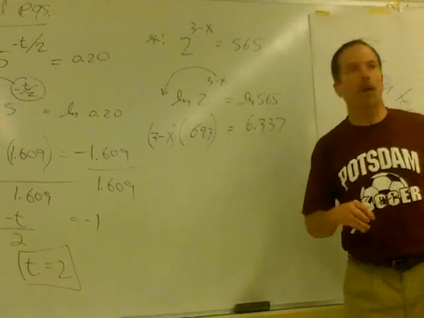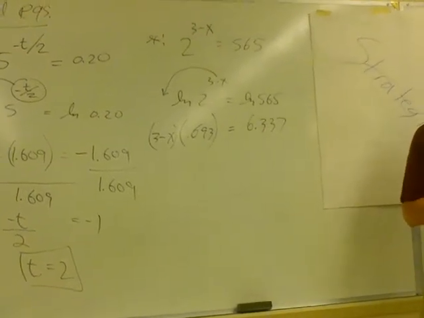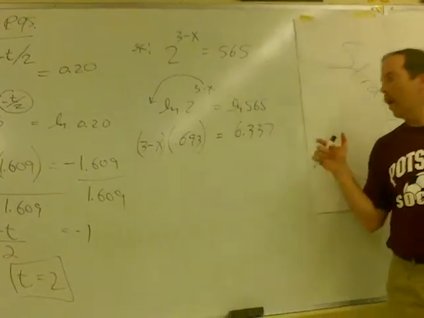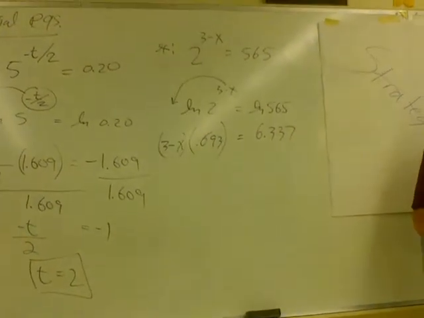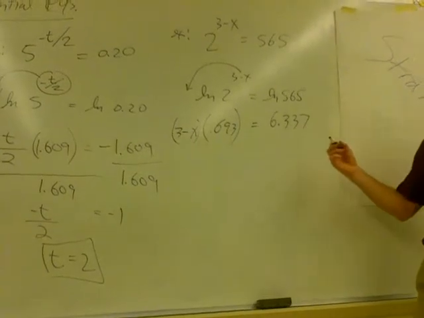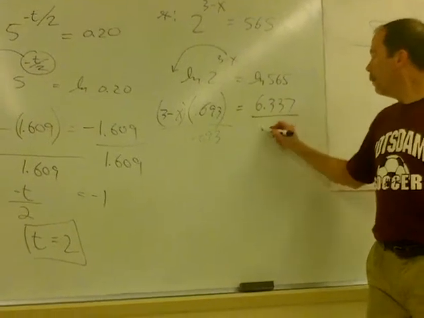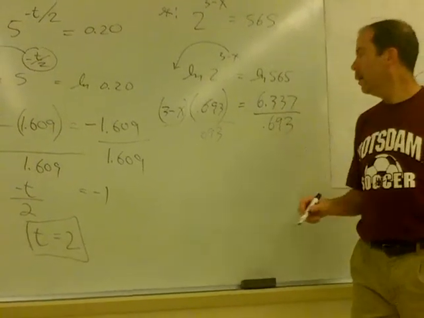Now we have two choices here. We could distribute, or we could divide. Dividing is definitely more expedient, so we divide both sides by 0.693.